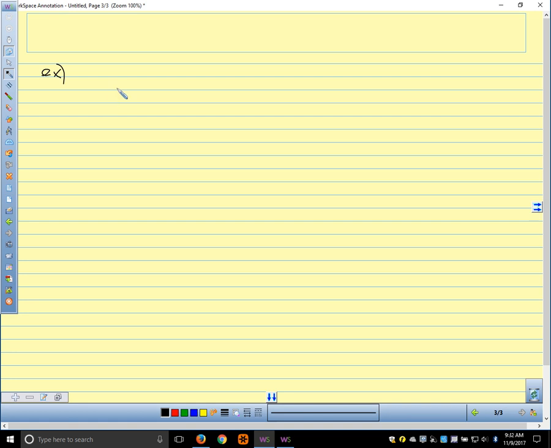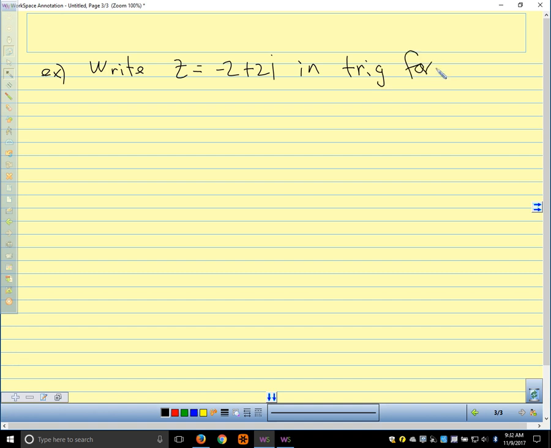All right, so let's write z equals -2 plus 2i in trig form. Now it might be helpful, just like we did when we were doing trigonometry, to draw a little picture.